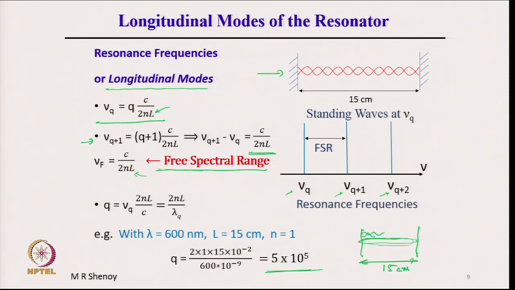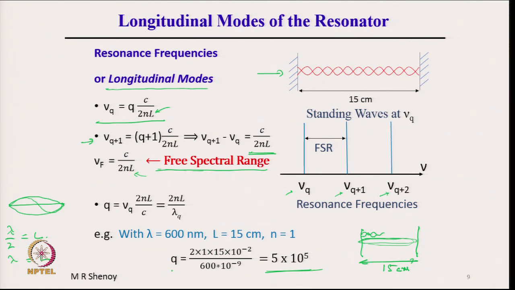Recall that if you take a string of length L, the first mode will be this, where this is half the wavelength, so lambda by 2 is equal to L. If you take the next one, then lambda is equal to L, or 2 times lambda by 2 is equal to L. If you take the next one, then the length will be divided into 3 such loops.